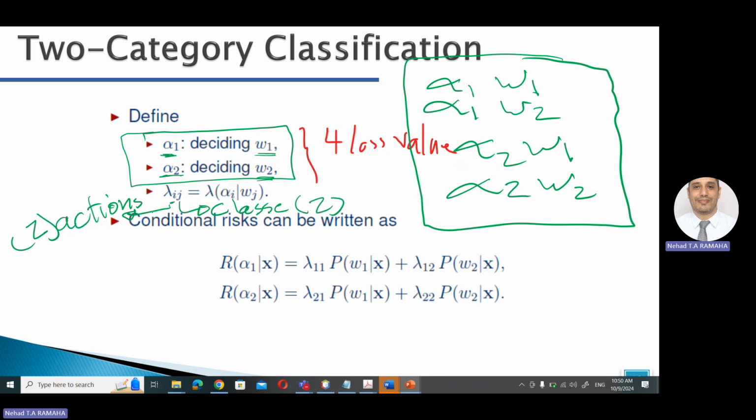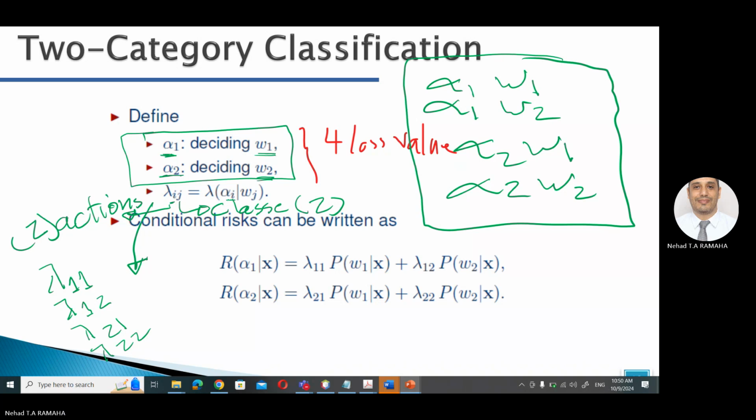So how many lambda do we have? We have 4 lambda: lambda when we have action 1 with category 1, action 1 with category 2, action 2 with category 1, and action 2 with category 2.